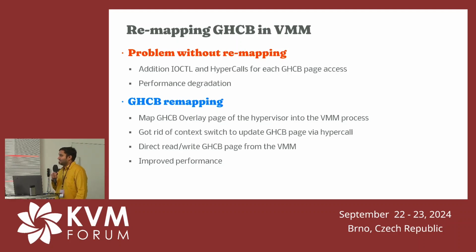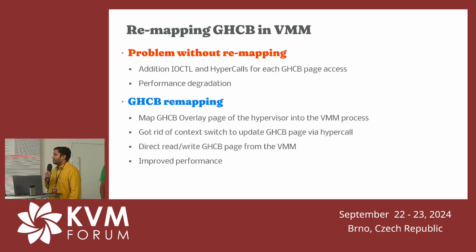In order to access the GHCB page when handling the VMG exits, you would need to do additional sets of hypercalls. For example, you have to update the RAX register. You would need to do a hypercall instead of directly accessing that page, even though it is shared with you. This was causing a lot of performance degradation. So we asked the hypervisor team to add support for remapping this page into the VMM process.